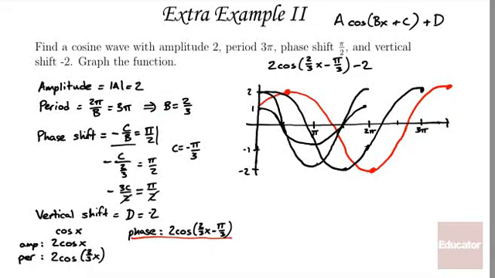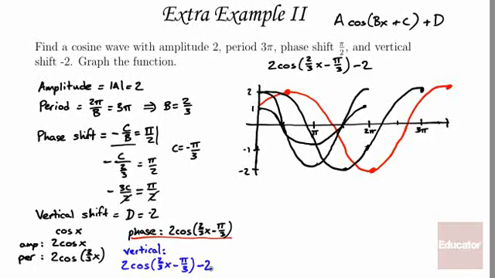So we're almost done here. We've got one more step to incorporate, which is this vertical shift of negative 2. I'm going to do this one in blue. So we're going to be graphing 2 cosine of 2/3 x minus pi over 3, minus 2. That means we're going to take the whole graph and just move it down 2 units.